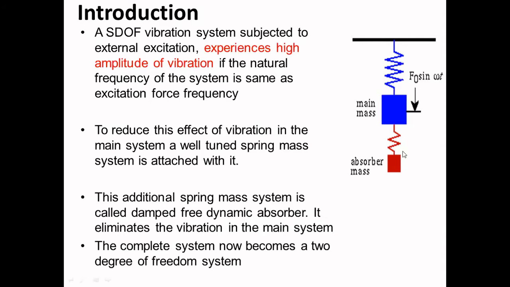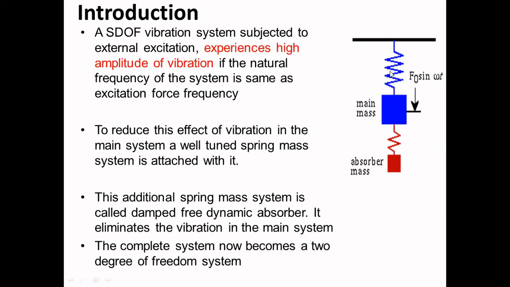Now the question arises: what are the situations where we actually need this additional spring mass system to be attached with the main spring mass system? This vibration absorber is required when the main mass or main system is subjected to high amplitude of vibration.